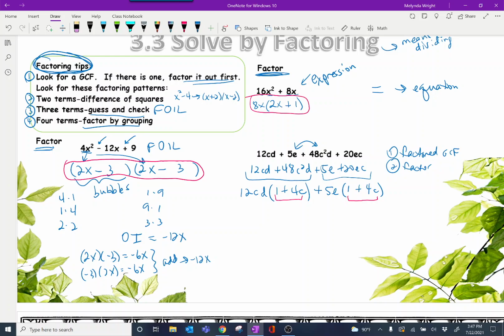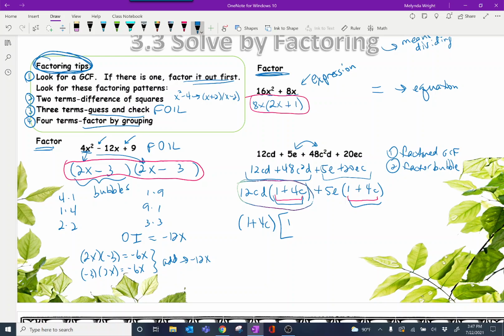We're going to factor the bubble out because I have one here and I have one here. So I'm going to factor those out and bring it up front. Now when I factor that out, I'm dividing it, right? I'm dividing. So when I take this whole first term right here and I divide it by 1 plus 4c, what am I left with?